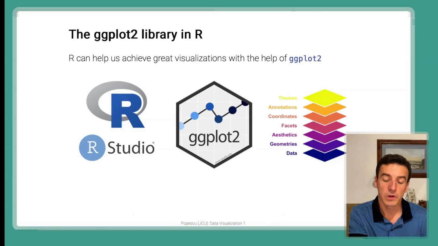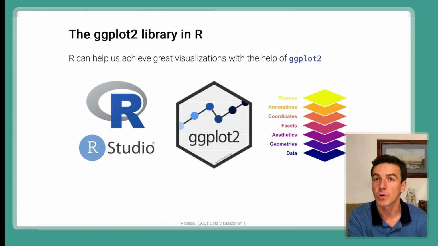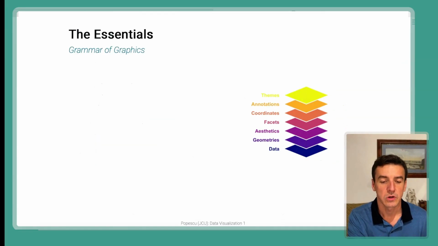When it comes to graphics, we can think of plots in ggplot as a set of layers. At the very bottom, you have data, then you have geometries and aesthetics, then you can start adding optional layers such as facets, coordinates, annotations, and themes. This is not necessarily a comprehensive list, but these are the most important layers that are useful when producing research.